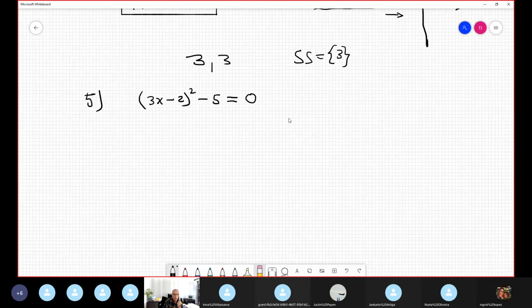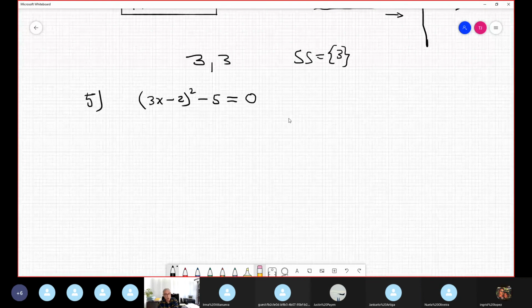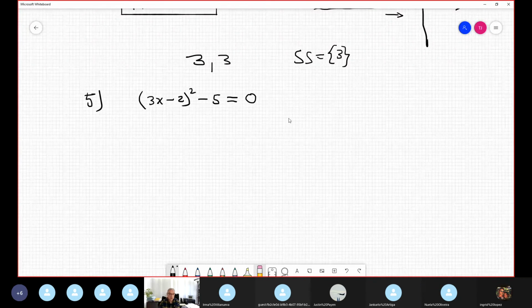What do you recommend me to do? Because there are many ways to do this. One way is you FOIL. So Noela proposed FOIL. You multiply 3x times 3x, you organize in standard form, and you apply the quadratic formula, maybe, right? This is one way, but it is a long way. However, I want to do it both ways.